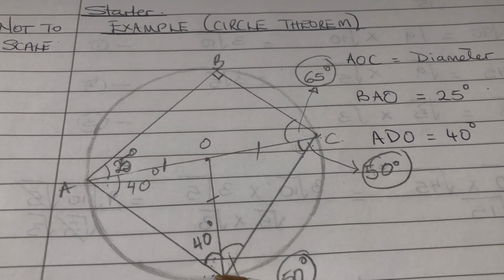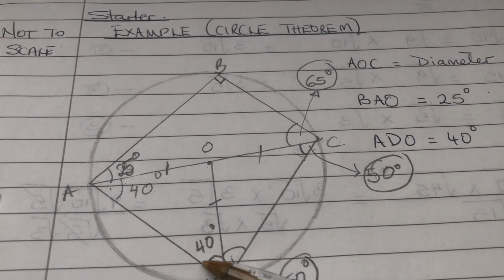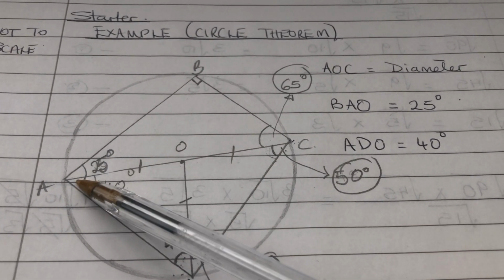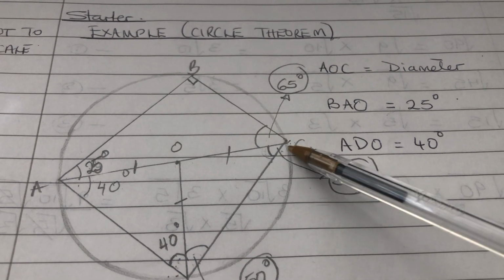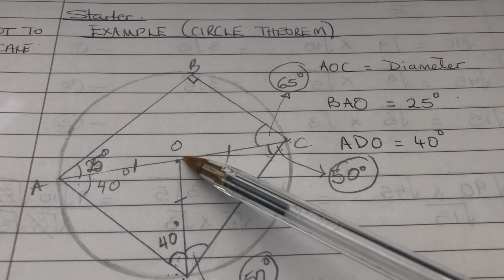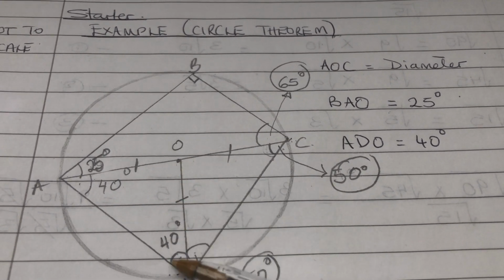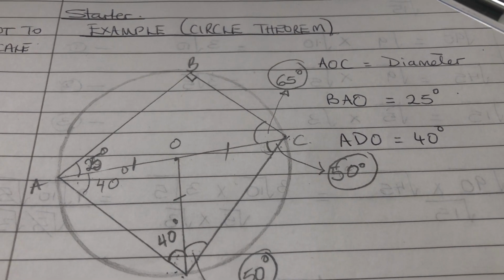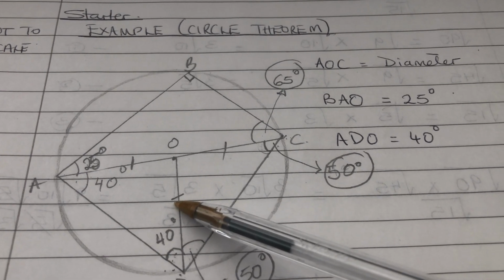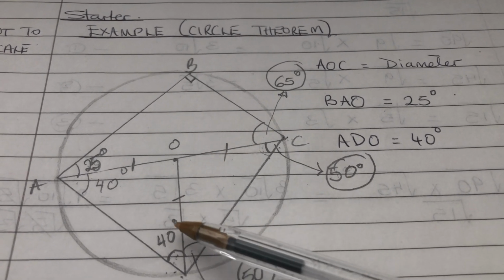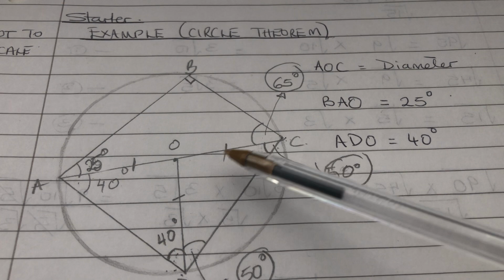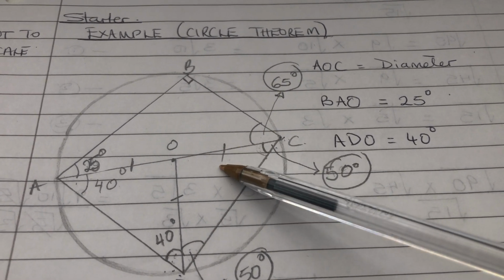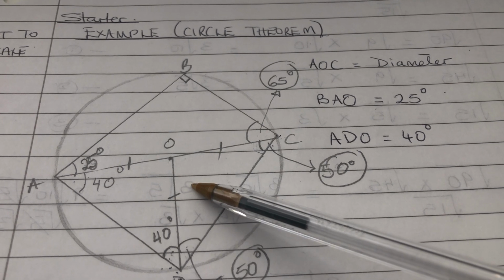So straight away, this is a chord, that is a chord, that is a chord, and that is a chord. So you have a cyclic quadrilateral, and inside that, you have three radii converging in the center. Because of the chord and because these two converge in the center, this length and this length are equal.